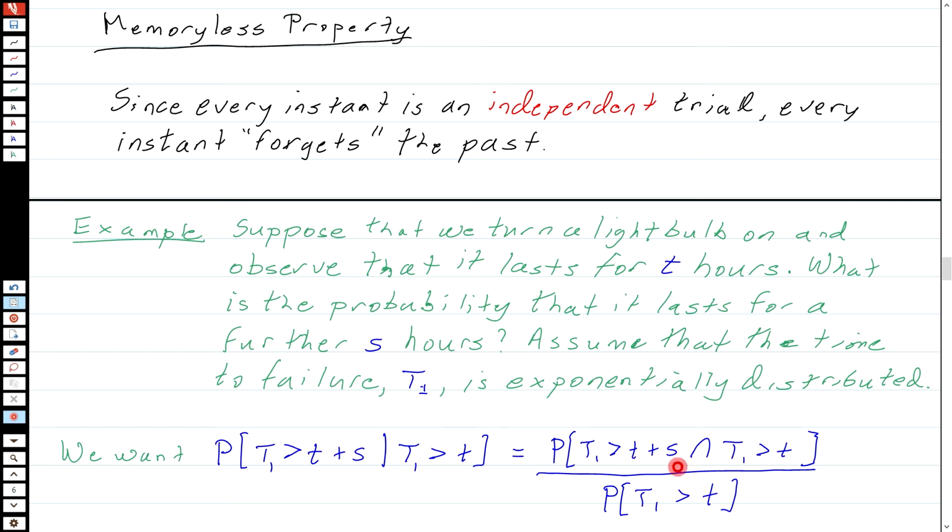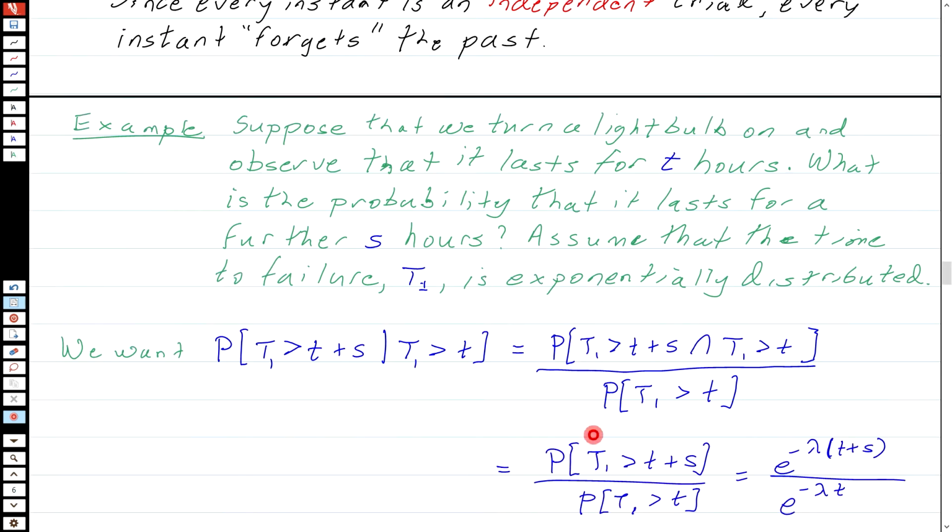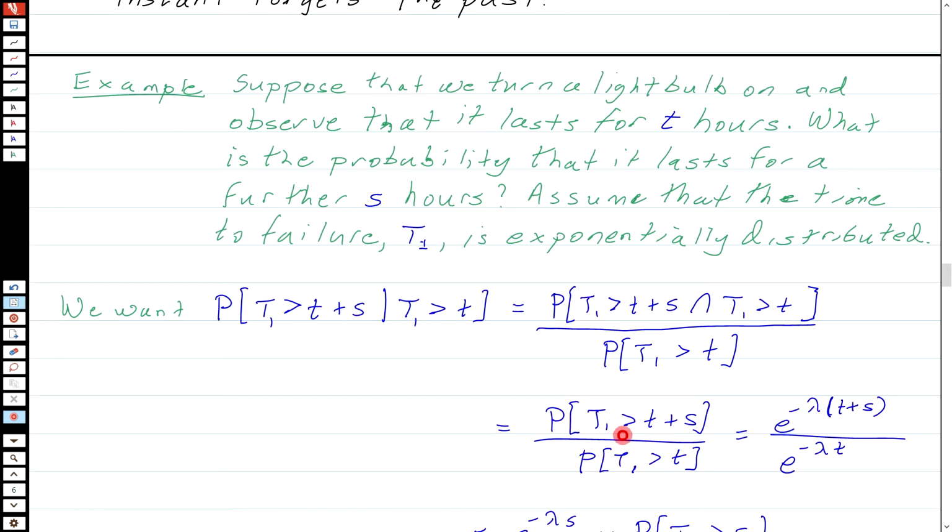If I look at the top, the left-hand event, T1 greater than t plus s, is a subset of the event that T1 is greater than t. All of the values in this region are included in this region. So the intersection between the two is just this part. So this boils down to the probability that T1 is greater than t plus s divided by the probability that T1 is greater than t.